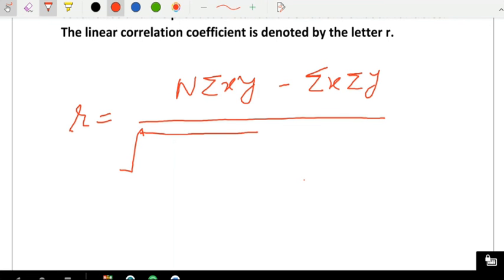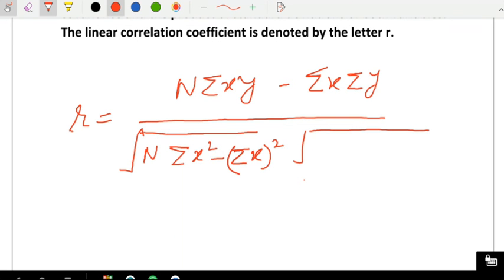Now, first you replace y with x. What are you going to get here? Whatever I wrote in the numerator, I just repeat here: n sigma xy minus sigma x sigma y.